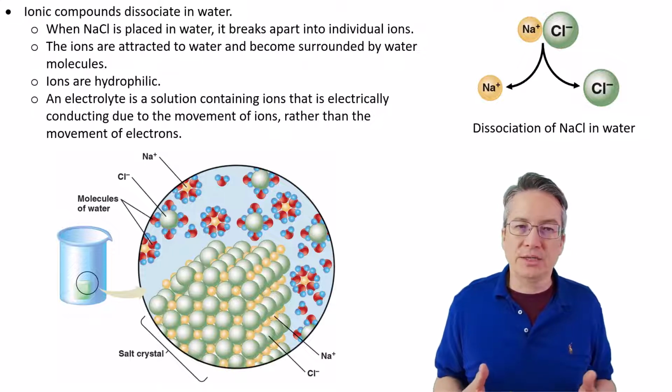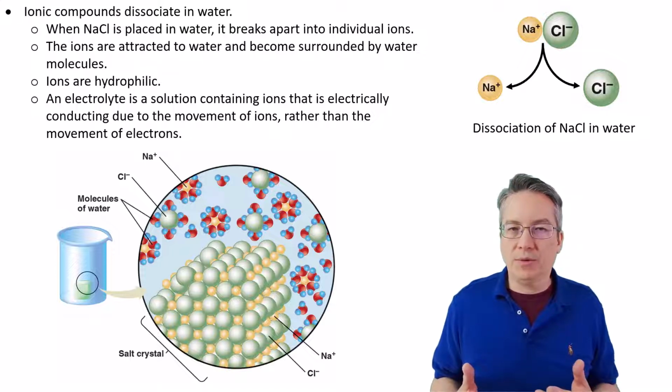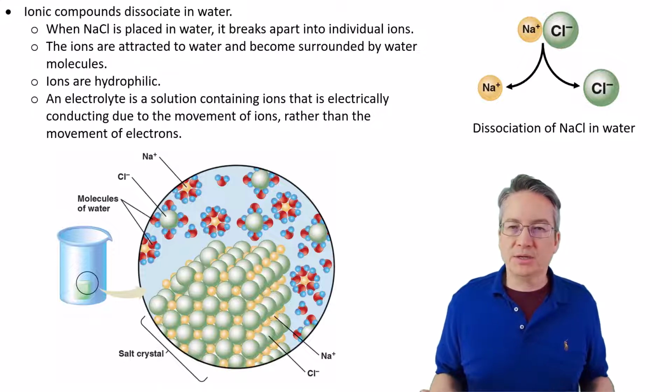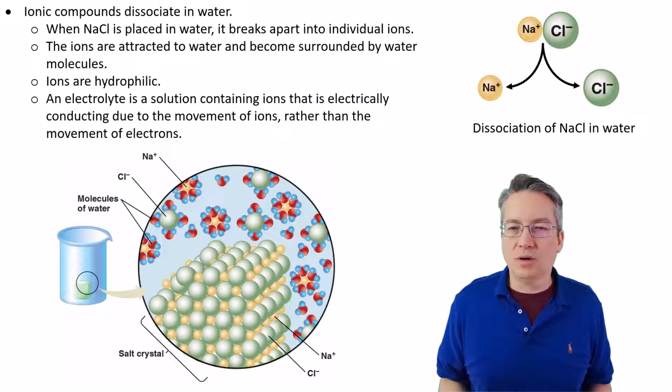NaCl has an ionic bond between the sodium and the chloride. The sodium, of course, is positive. Chloride is negative. When you put those in water, they dissociate, not completely, because there's some tendency for the sodium and chloride ions to reassociate. But in general, most of it will be dissociated in water.